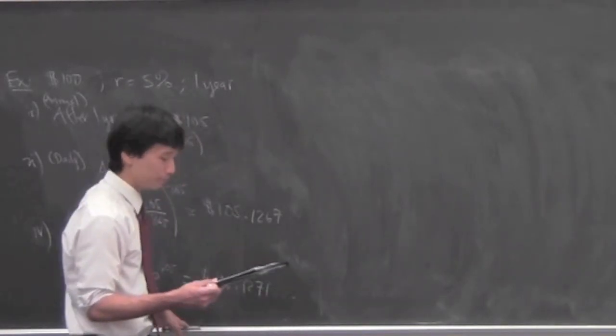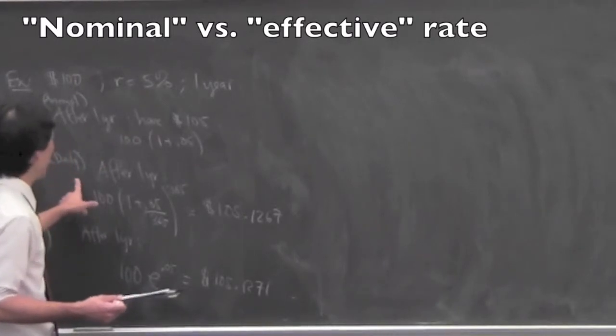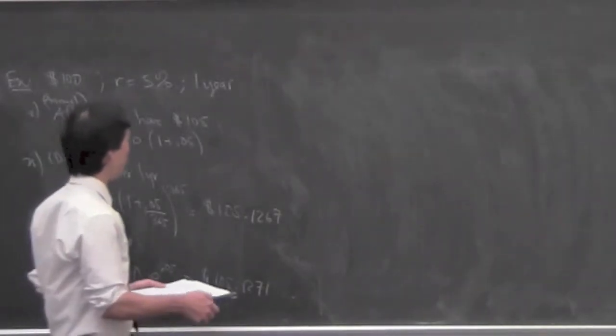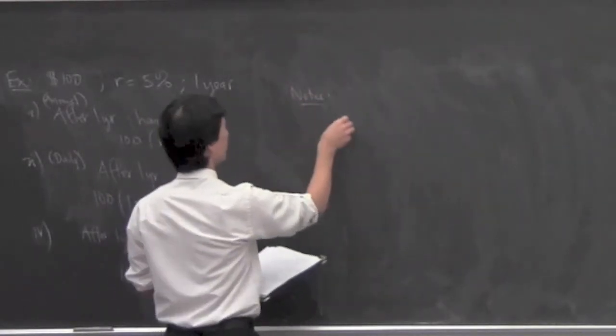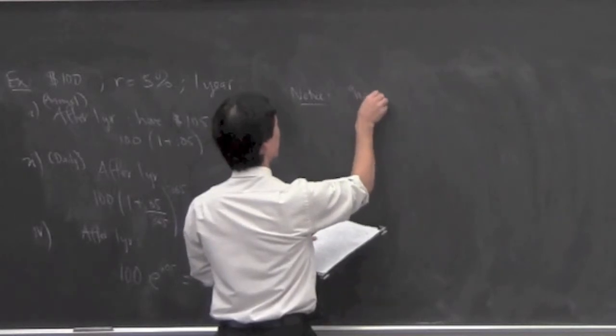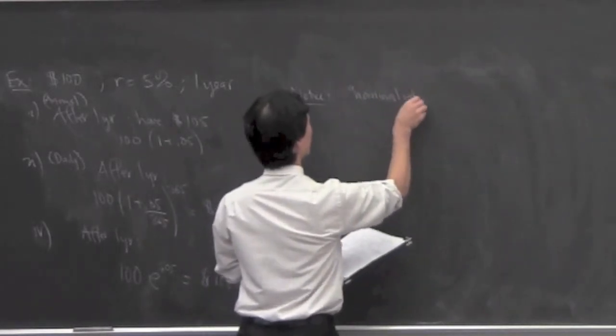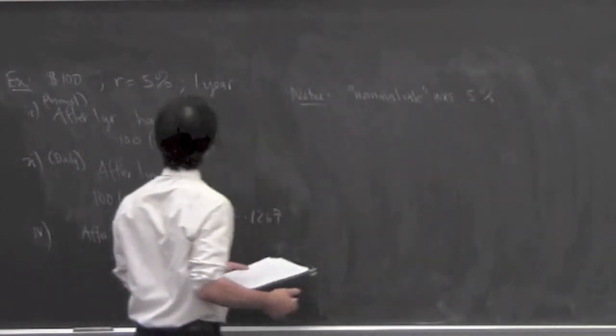Okay. So let me just make one comment about language. So notice that the nominal rate was 5%, right?